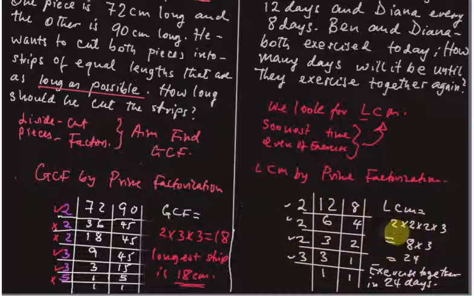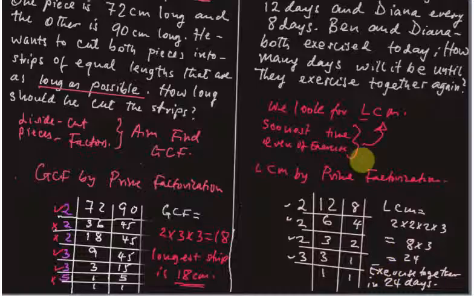So this is 2 times 2 times 2 times 3, 2 times 2 times 2, 3 times 3, and the same equals 2 times 2 is 4 times 2 is 8 times 3 is 24. So they are going to do this exercise together again in 24 days. This is the soonest they are going to sit again for these exercises.